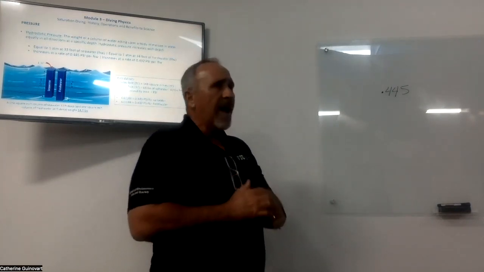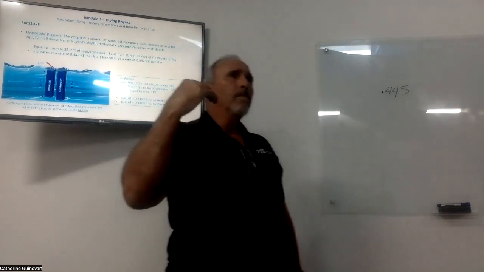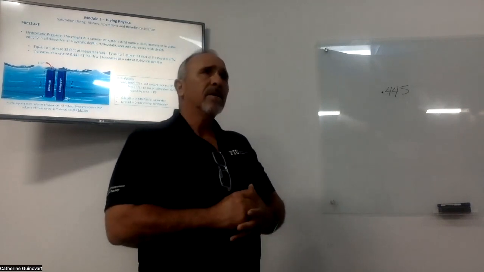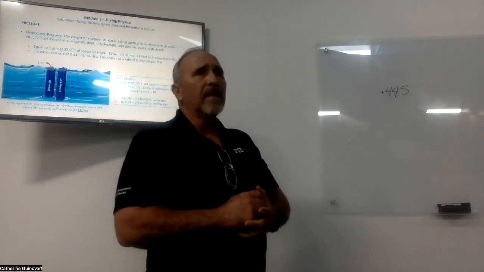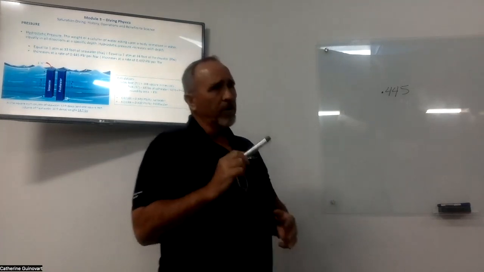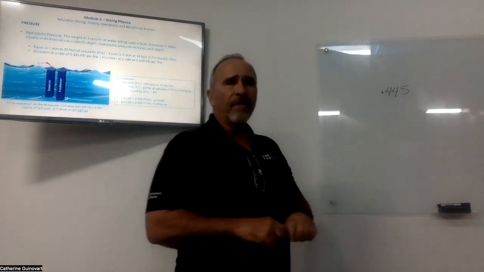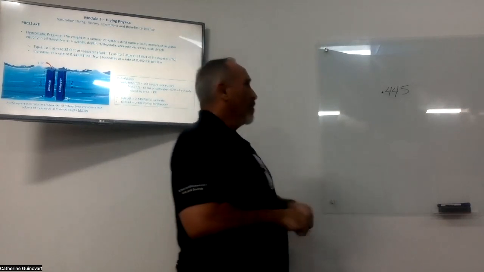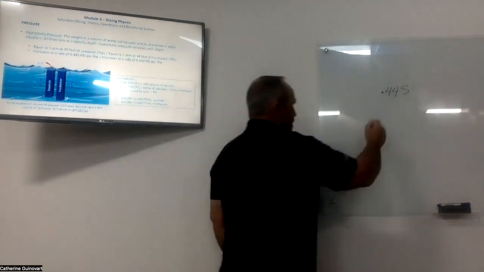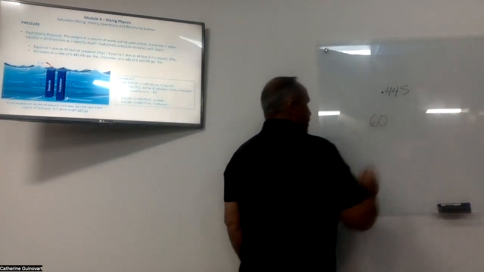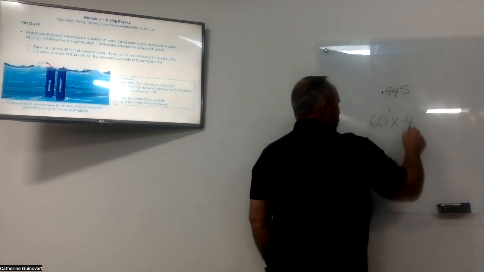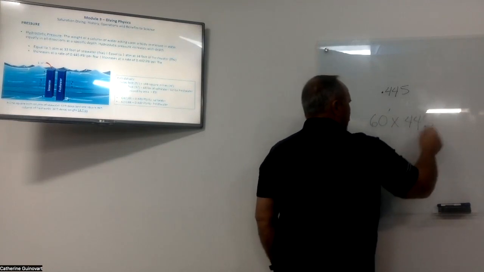So if I asked you, okay, what is the pressure at, let's say 60 feet? What is the pressure at 60 feet? And again, not absolute pressure, but just what is the pressure at 60 feet in psi? Okay, now you would say you have to take your depth, and we said 60. 60 feet times 0.445.